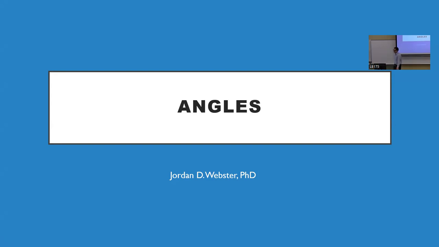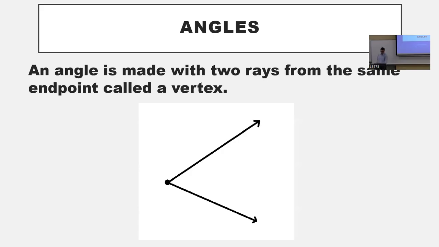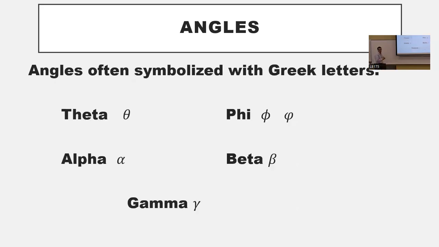So the first thing we're going to cover is angles. Okay. An angle is made with two rays from the same endpoint called vertex. So a lot of times when we symbolize angles, we do so with Greek letters.